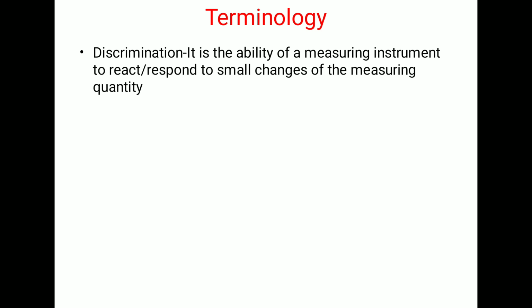The last terminology is discrimination. Discrimination is the ability of a measuring instrument to respond to small changes of the measured quantity. If the measured quantity changes by very small amounts, and the instrument responds well to such small changes, then we can say that the instrument has good discrimination.